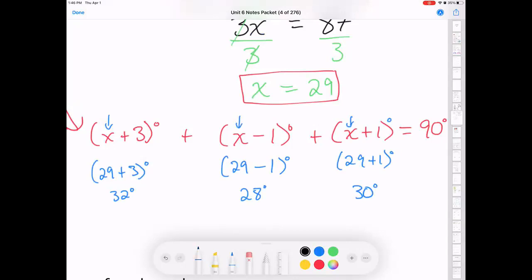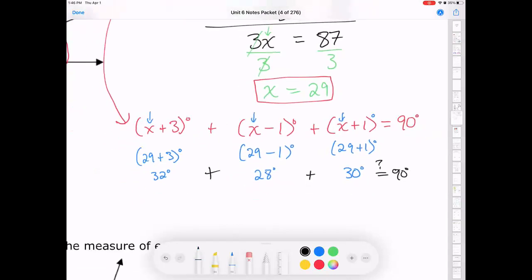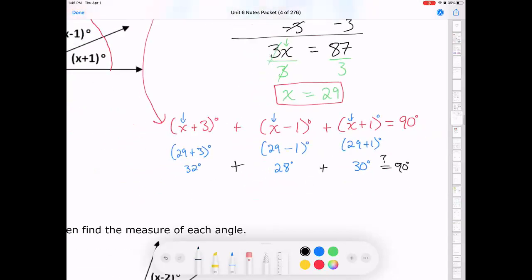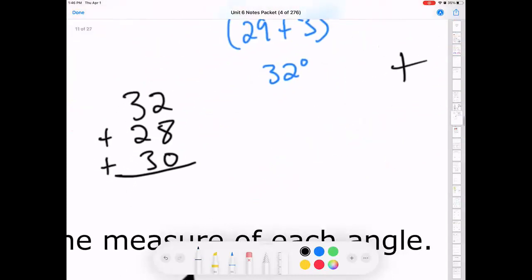So the question becomes, when we combine all of these angles together, do we in fact still get that 90 degrees? And so this is where, because we have 3 of them, we're going to use our vertical method. So 32 plus 28 plus 30. 2 plus 8 plus 0 is 10.